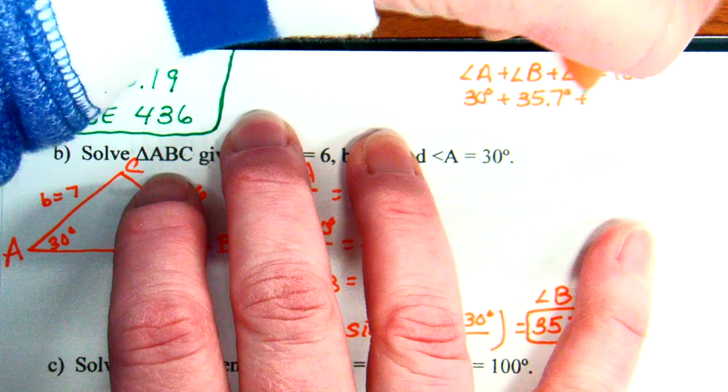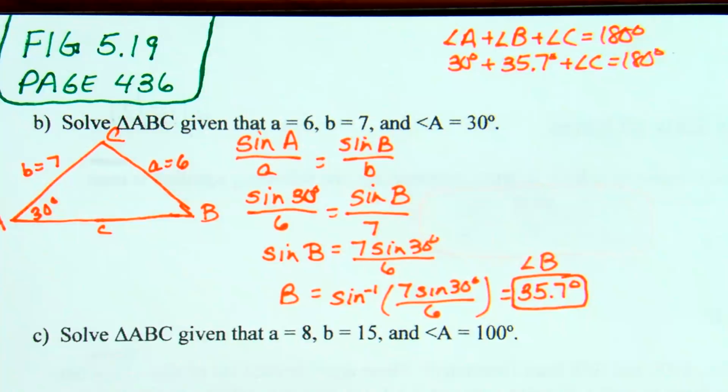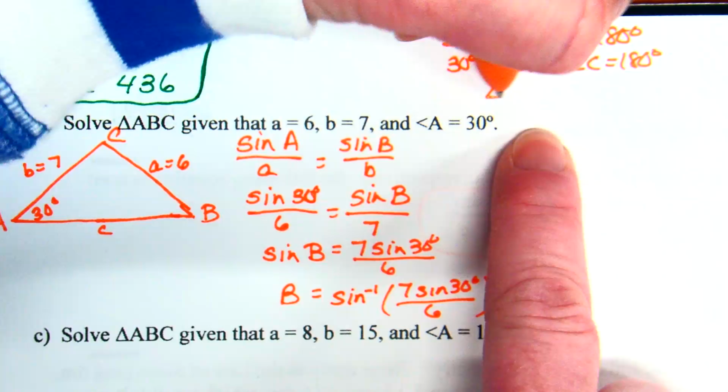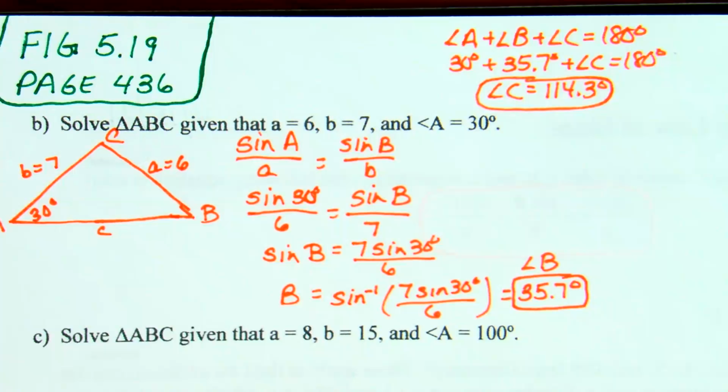So that means 30 plus 35.7 plus some angle C equals 180. What did you find angle C to be? 114.3 degrees.